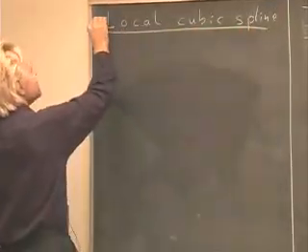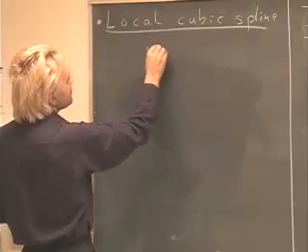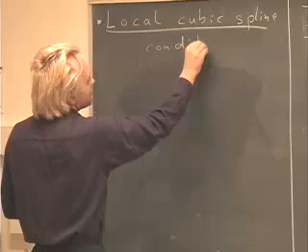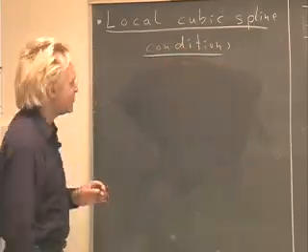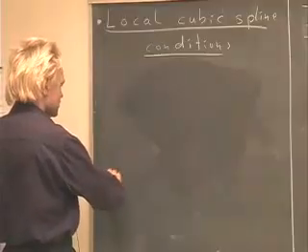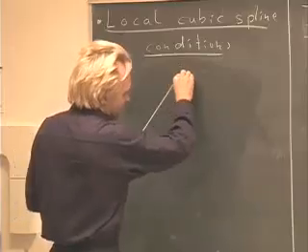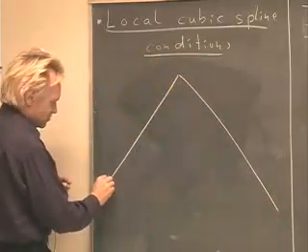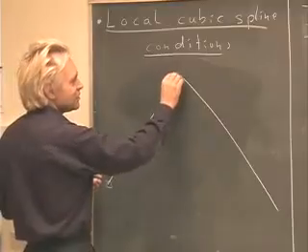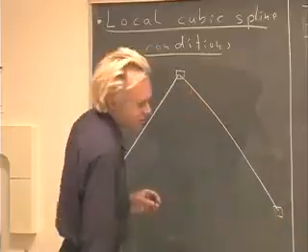Maybe the most important picture for the whole class. Local cubic spline conditions. I only want to understand what's going on in a local neighborhood. I want to understand what's going on here in the neighborhood of 3 of those squares from the former figure.